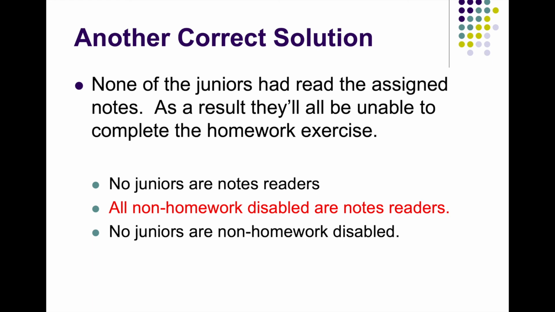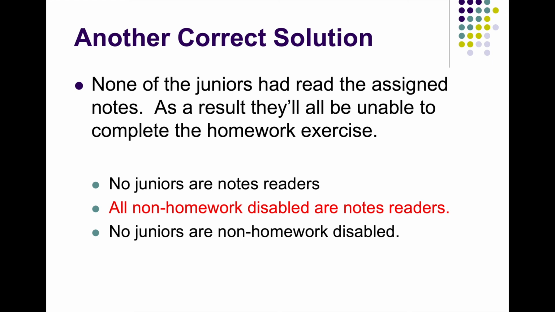So in this case, if you start by obverting the conclusion instead of the given premise, you would end up with a conclusion that says no juniors are non-homework disabled. That would tell you that you have to have an affirmative missing premise, because that missing premise can't be negative. You must avoid unequal negation.